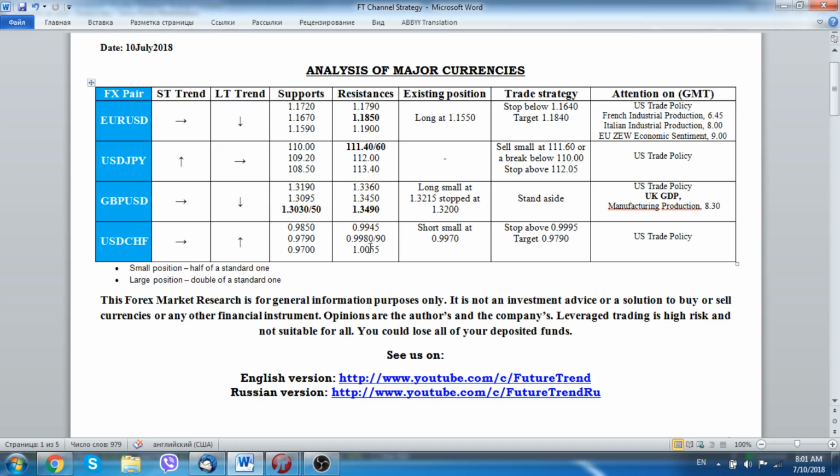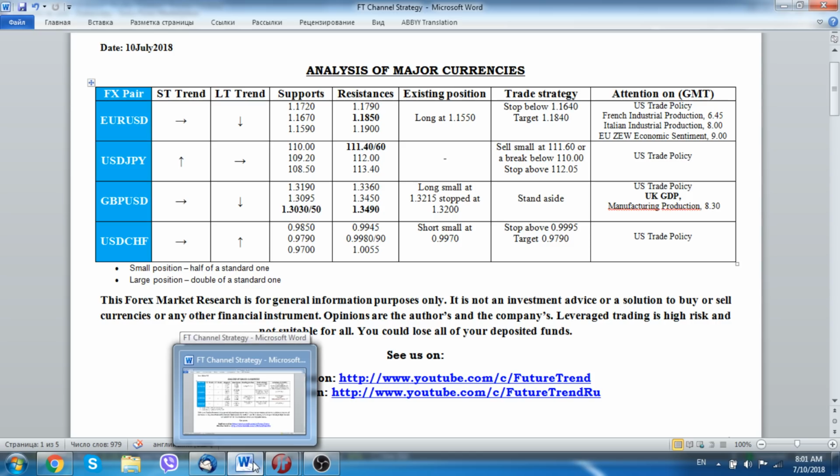From that point of view, economic numbers should attract additional attention of pound traders. We suggest that despite political problems, the economic numbers should come in better than expected, and that should slightly support the cable.